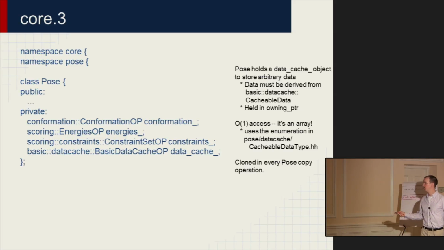Actually, they're derived from cacheable data. So it's possible to store arbitrarily complicated data in a pose. Since the pose is usually what gets passed, say, from mover to mover or around in a protocol, it's the pose that goes from one function to the next.